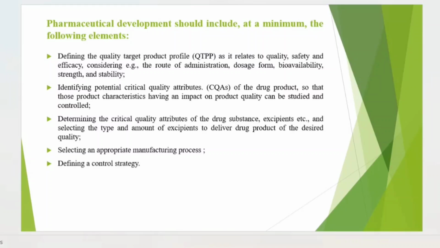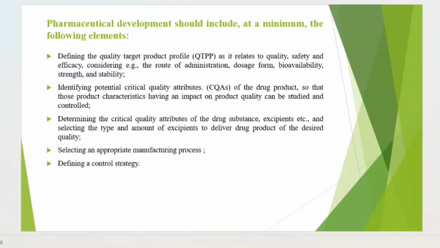Whenever we need to start any pharmaceutical development, we need to set some standards, that whatever formulation we will develop should match with the standard. So first, to set those standards, we need to set the quality target product profile.